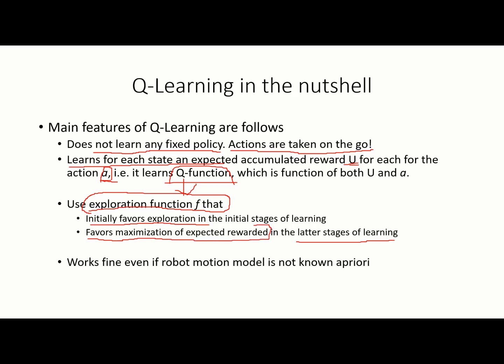It is often called finding the right balance between this maximization, also known as exploitation, and the exploration. And it works fine even if the robot motion model is not known a priori. So these attributes of Q-learning make it particularly suitable in practical settings where we have incomplete knowledge of the environment or the robot motion model. So whenever there are uncertainties involved, go for Q-learning.